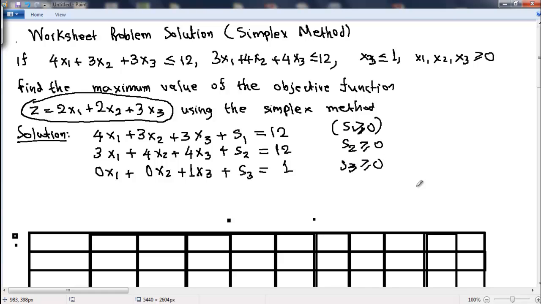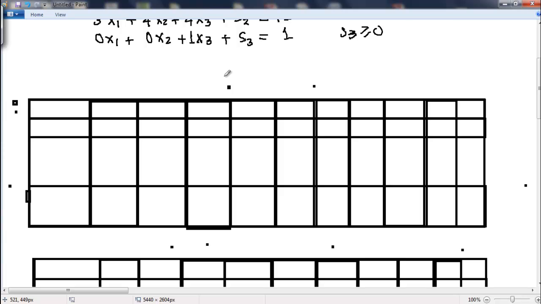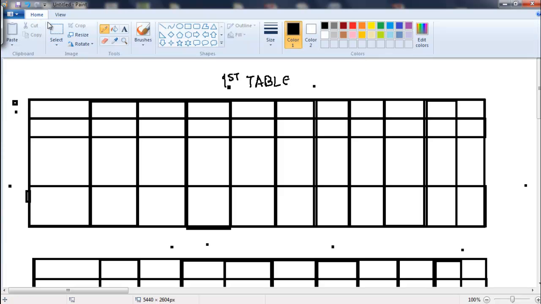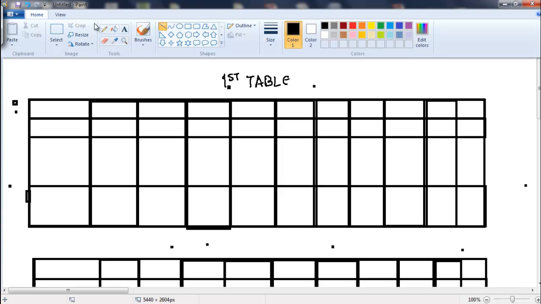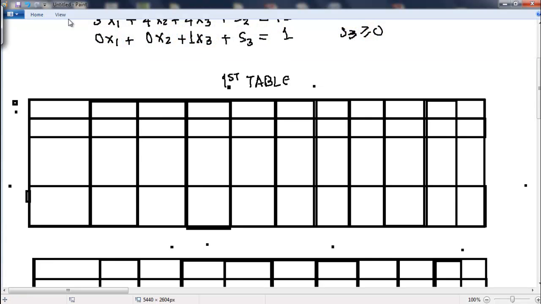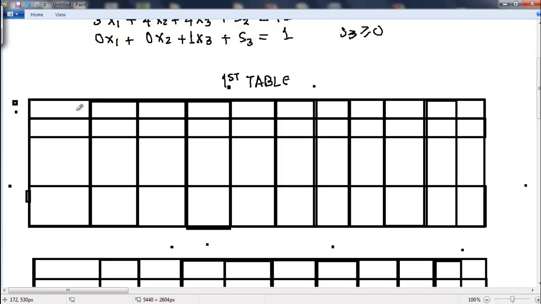These are the slack variables, and I'm going to create the first table. So that's the first table of the simplex algorithm. Now I want to substitute the elements here.